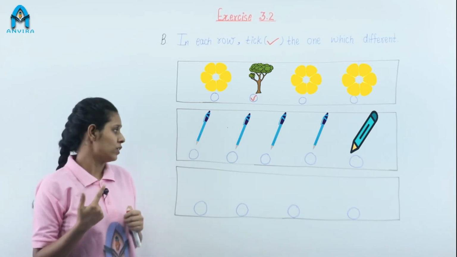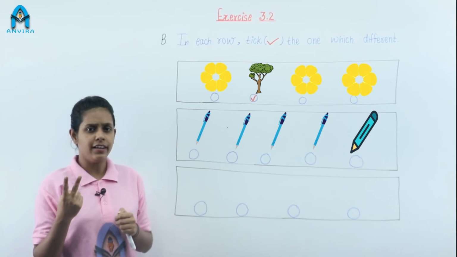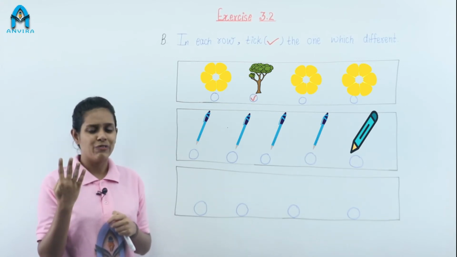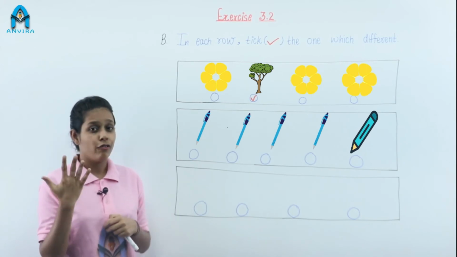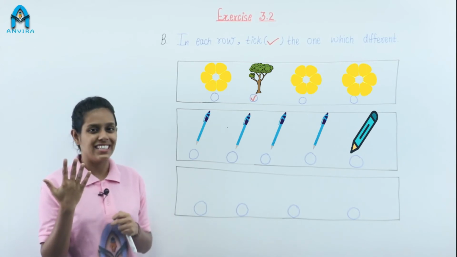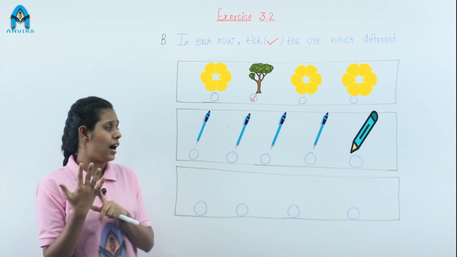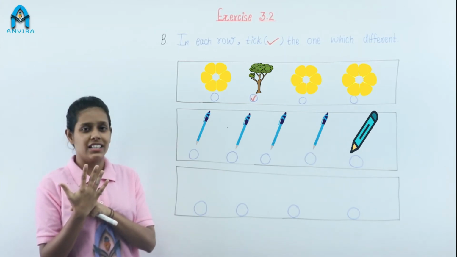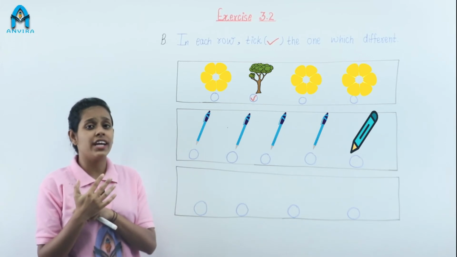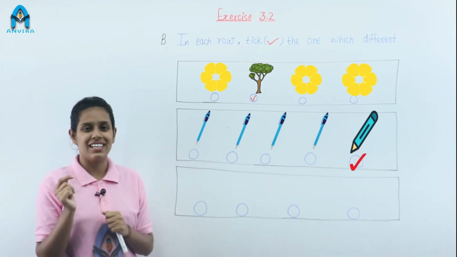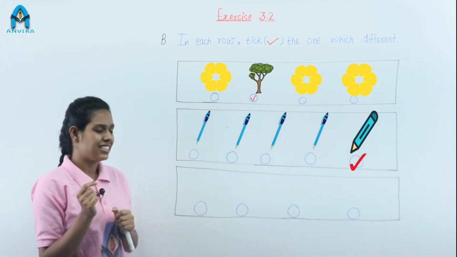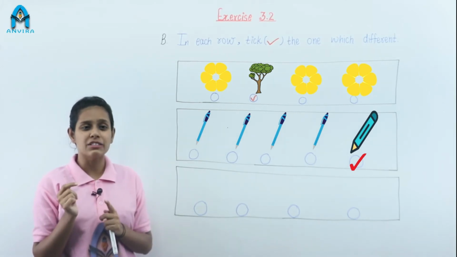First is pen. Second is also pen. Third, a pen. Fourth, pen. Fifth, pencil. 4 are pens, but fifth is pencil. That's why, which is different? Pencil. Pencil is different. Now, look at the next picture.